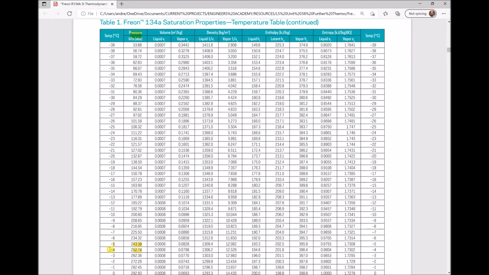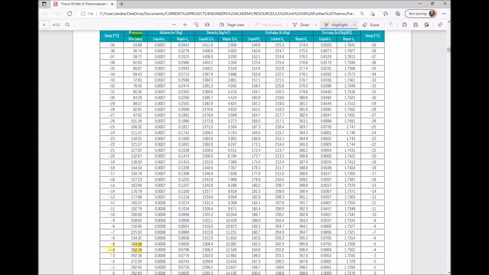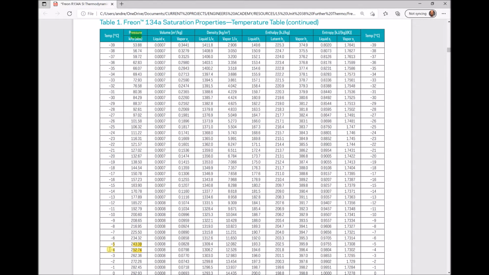Now, we haven't been asked to determine that, but as that's our reference column on the left-hand side, we're going to make a note of those two temperatures. What we're actually trying to determine is Hg and Sg when the pressure's 250 kilopascals. Now, once again, we're going to need to use a linear interpolation process here. But if we track along and make a note of our corresponding values, at a temperature of -4 degrees, our Hg value is 396.4.